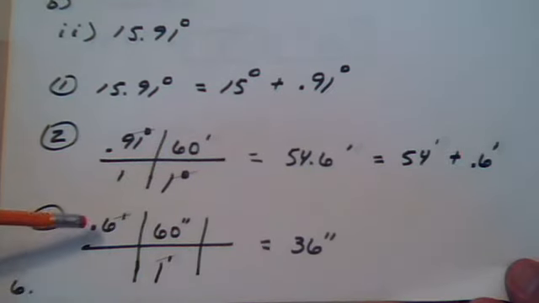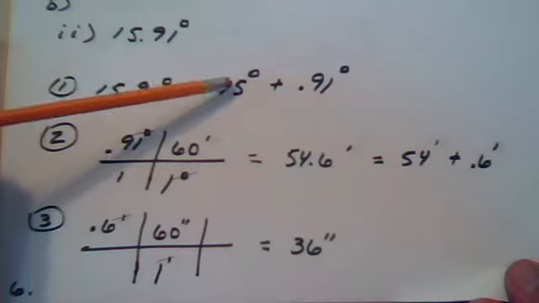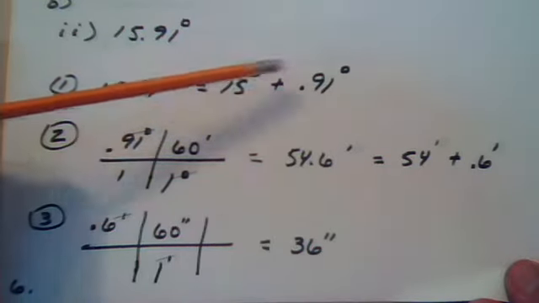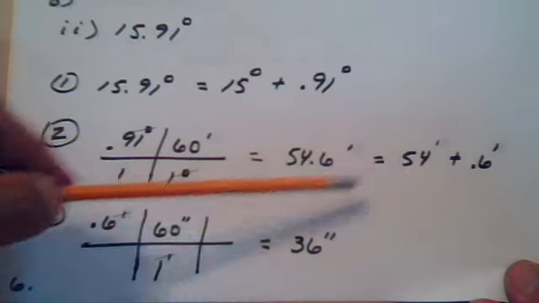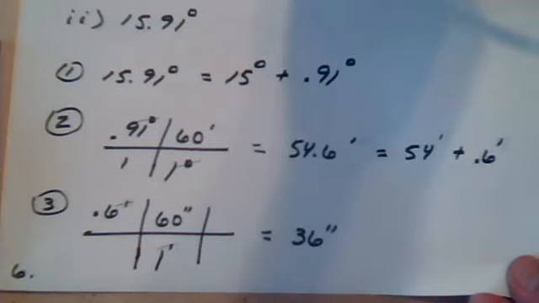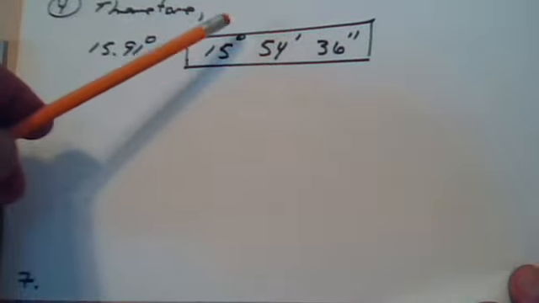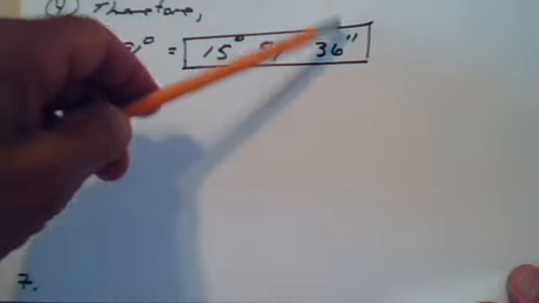So there's a 1 here. So it's this number times this number divided by this number times this number. You get 36 seconds. So now we have 15 degrees, 54 minutes, 36 seconds. So 15.91 degrees, we have rewritten it as 15 degrees, 54 minutes, 36 seconds.